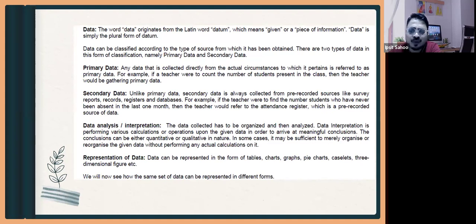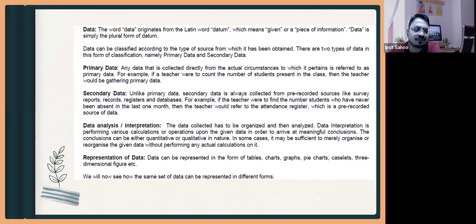So what is data analysis or interpretation? If you are drawing any conclusion, if you are finding something from the data and representing that in a tabular format or in graphs, etc., then you are doing data analysis or data interpretation.